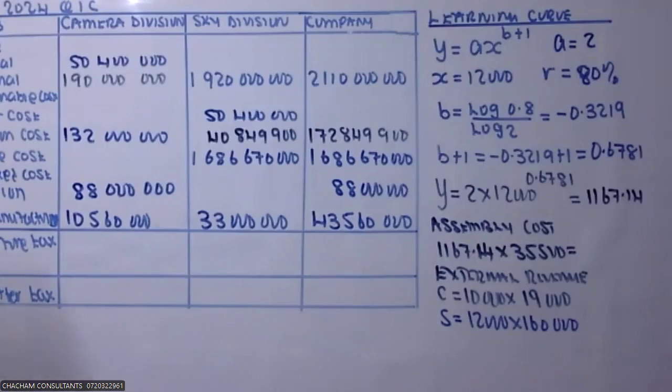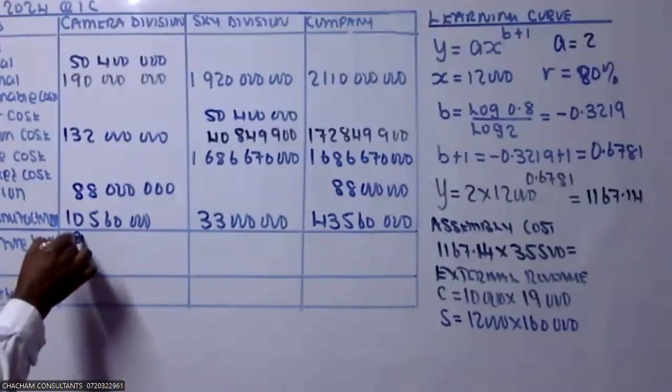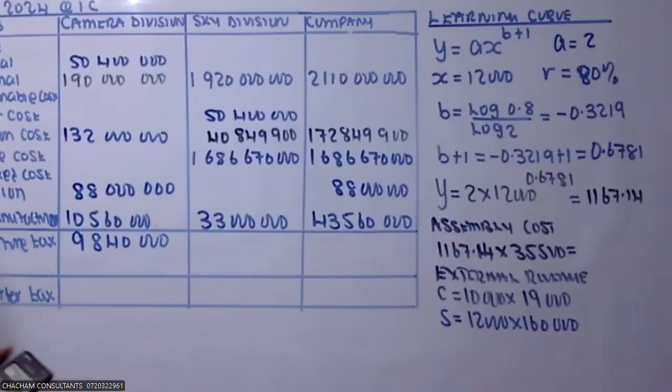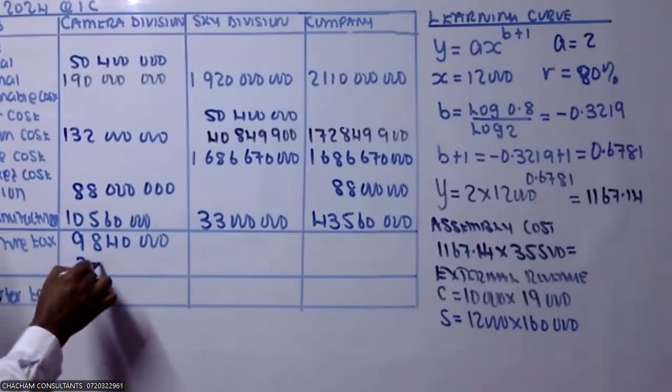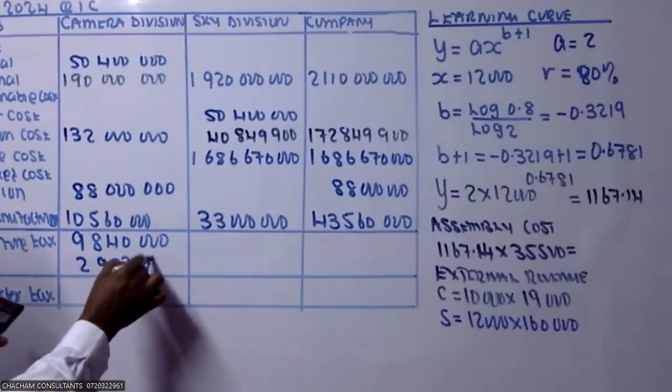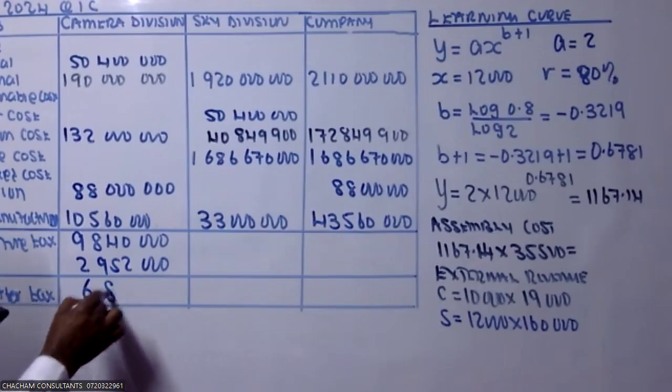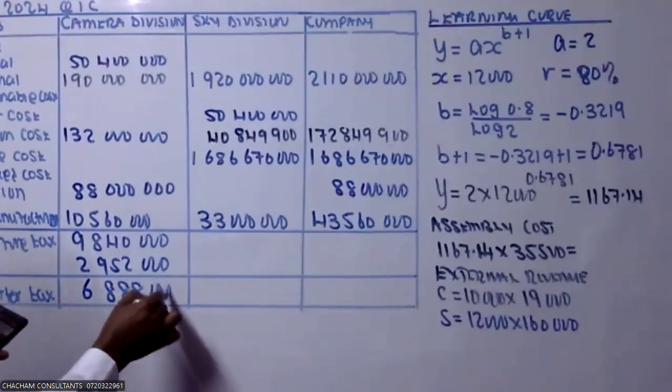So I'm getting 9,840,000. Then you get tax 30%. 2,952,000. So that you report 6,088,000.